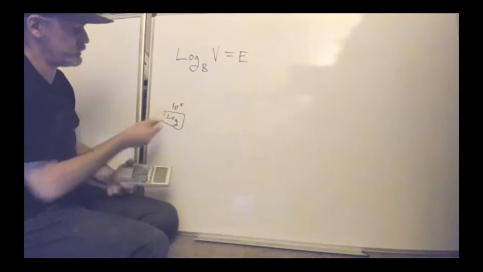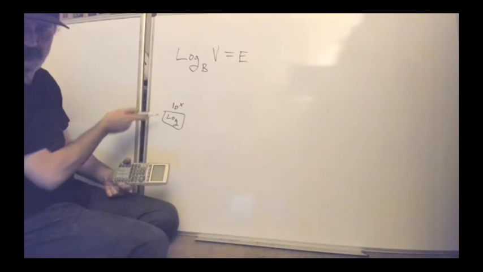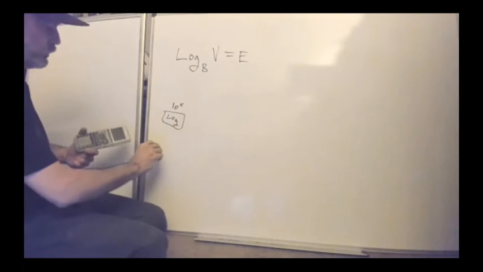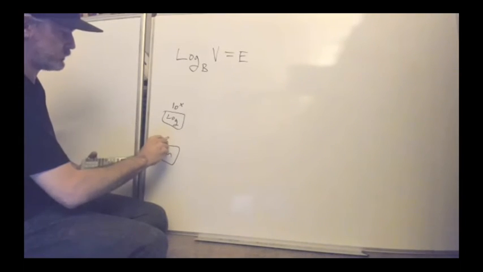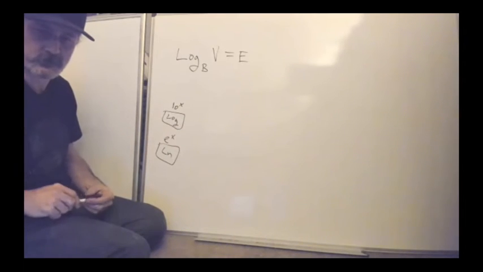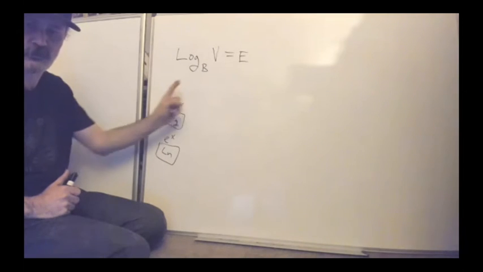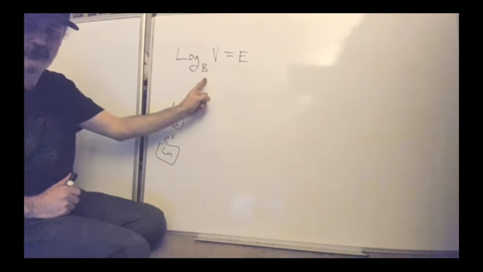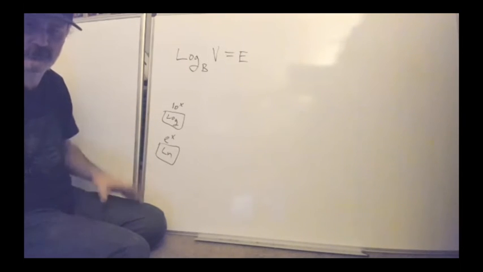And so the reason on the TI, 10 to the x is over the log because those are the inverses of each other. And then the one right below it would have ln, and right above that would be e to the x. So these are the only buttons you have that are going to get you logs. So any other base we can't do. So we got to convert this. The only way we can do this is by converting to one of these bases, and we're going to convert to the base 10. That's the easier way to do this.